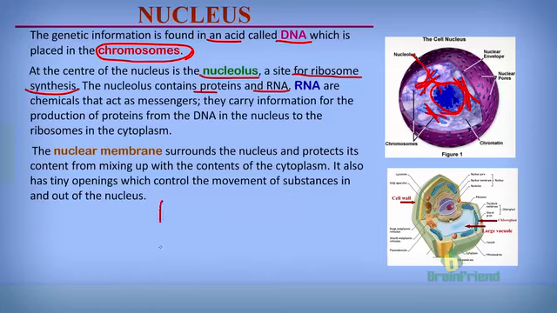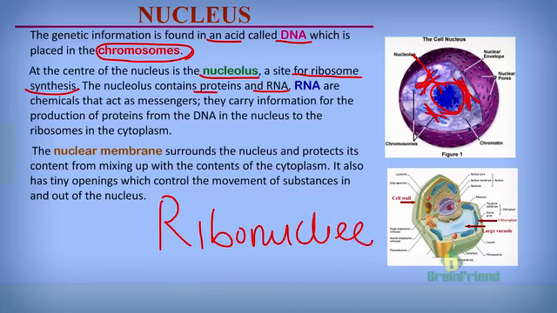RNA refers to ribonucleic acid. So the RNA is the sister to DNA. It's a kind of acid that acts as a chemical messenger. As a chemical messenger, the RNA carries information from the nucleus to the cytoplasm.